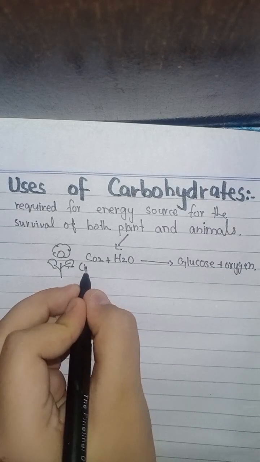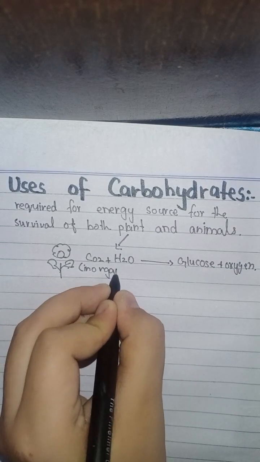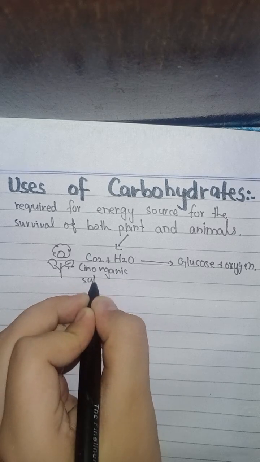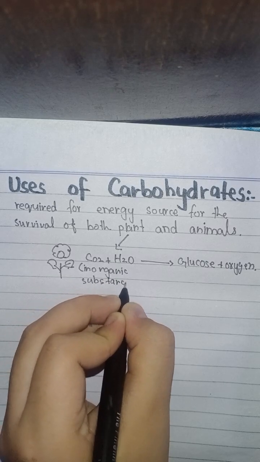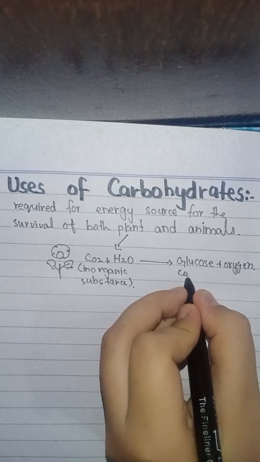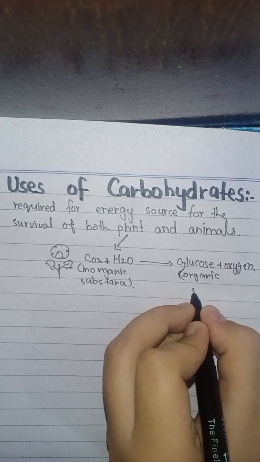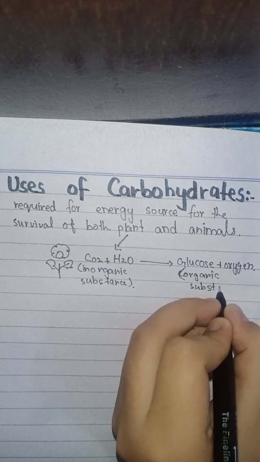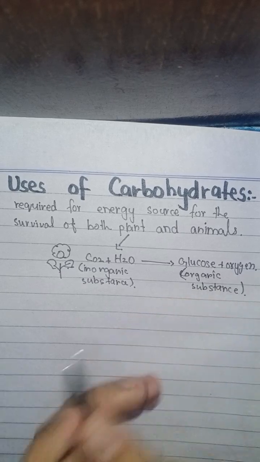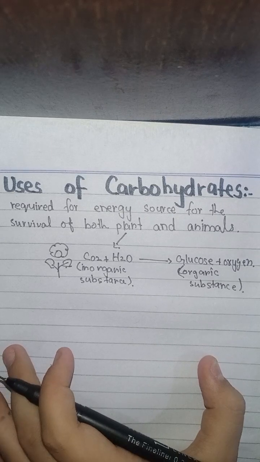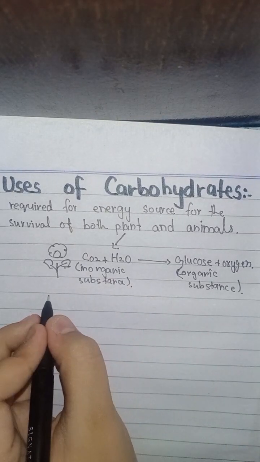These are the inorganic substances, while these are the organic substances. So now here you can see we have glucose in the plants.